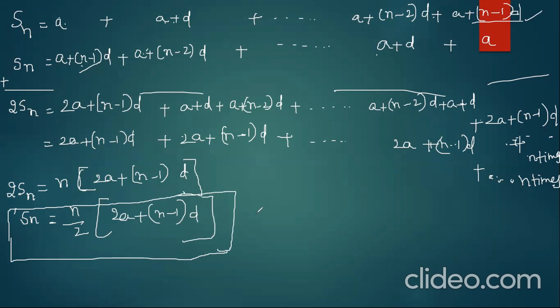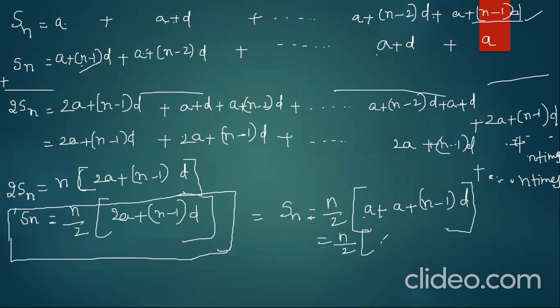So you observe this can also be written as Sn is equal to n by 2 into, 2a can be written as a plus a plus n minus 1 into d. You know what a plus n minus 1 into d is? It is our last term, right?